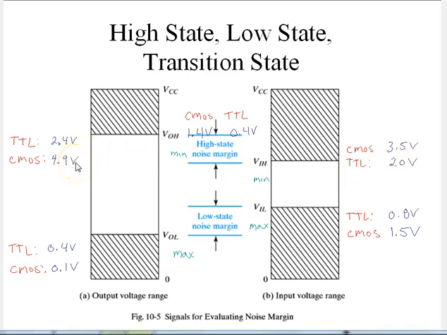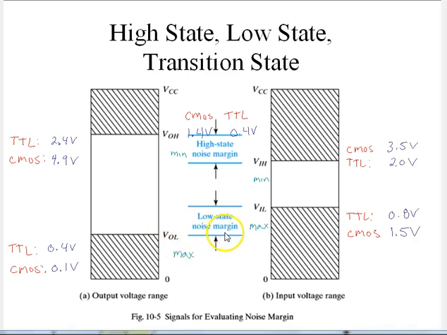CMOS needs to drive the output high to 4.9 volts, but it'll read a 3.5 as our input high. And again, our TTL must drive its output down to 0.4 volts, but we'll consider 0.8 volts at the input as a low level.